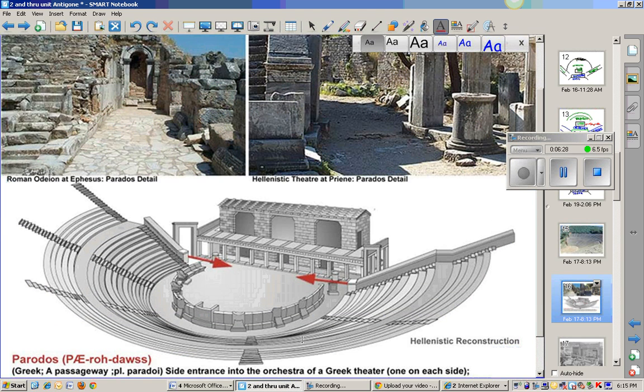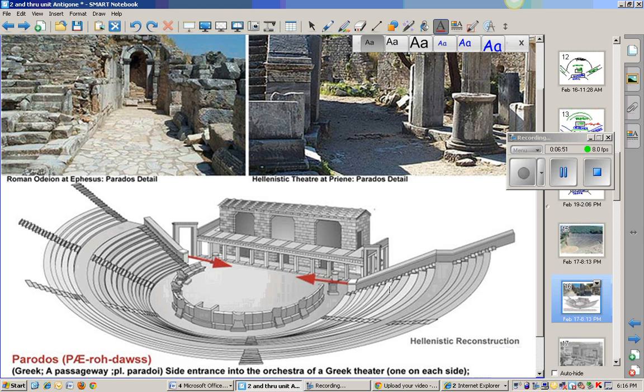Here's another picture. This is the theatron. These things here, these entrances, are the, anybody? Parados. This raised area is the proscenium. Nice. And here is the scaeny. The orchestra would congregate down here. The altar would be here.